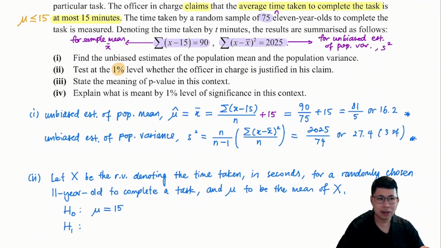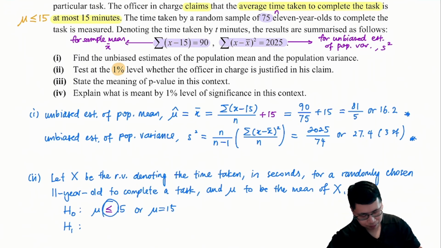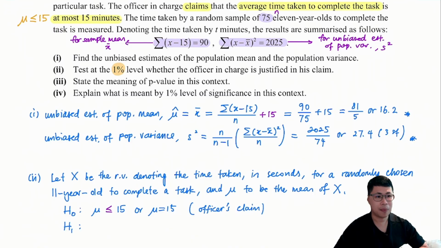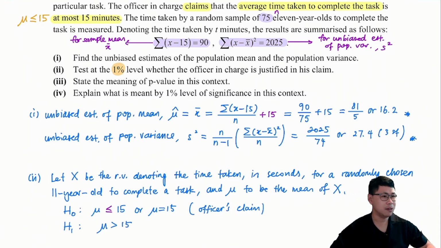So even though the one in the question gives us this, we can also make use of this, and simplify to an equal sign, because we just need to test whether it is away from 15 or not. This one over here is the officer's claim, which I will support or reject. Then the alternative hypothesis will be the opposite of this, which is mu more than 15. So this is our step 2.